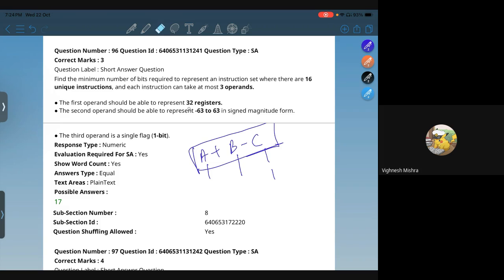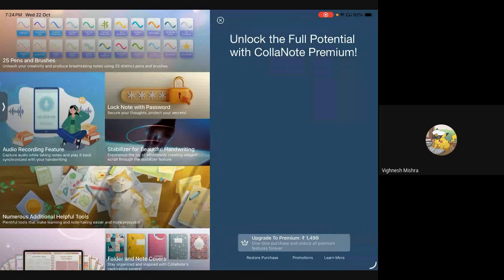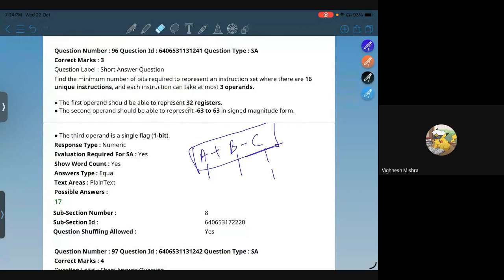In a single register, there are 8 bits, or 1 byte. So in one register, we can say this is 32 into 8 bits, to be precise.